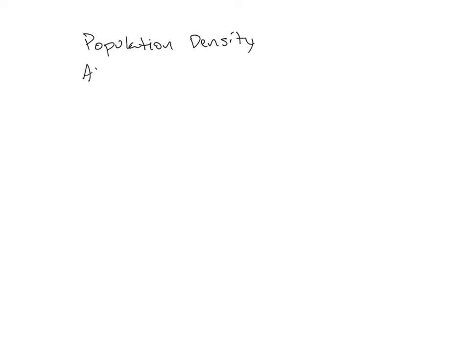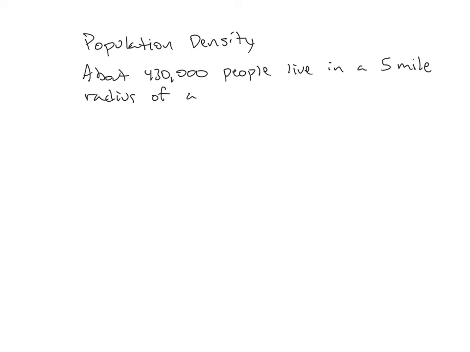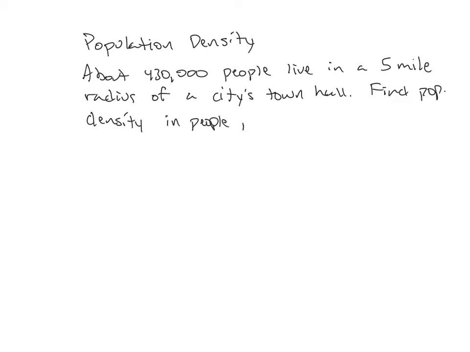So if it said about 437,000 people live in a 5-mile radius of a city town hall, find the population density in people per square mile.